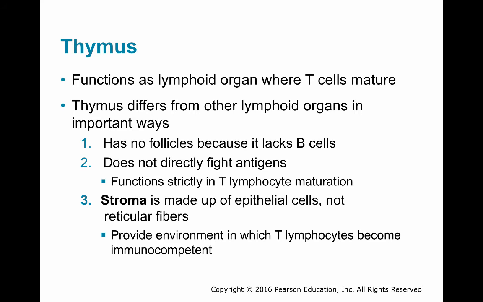It functions strictly in taking T cells and helping them mature. The stroma is made up of epithelial cells, not reticular cells. So this is going to provide an environment in which T lymphocytes become immunocompetent, right? You're not going to have a bunch of macrophages everywhere helping to activate.